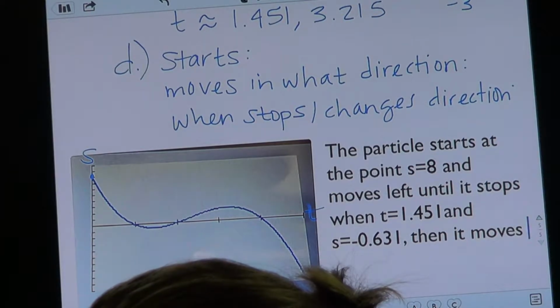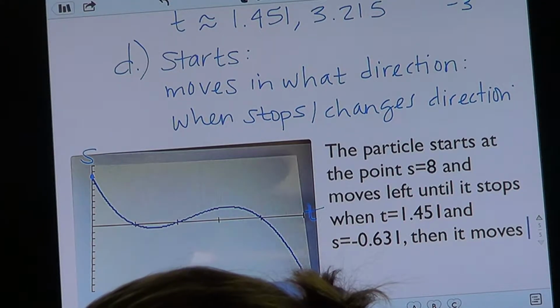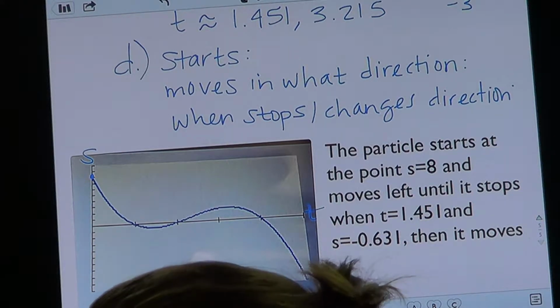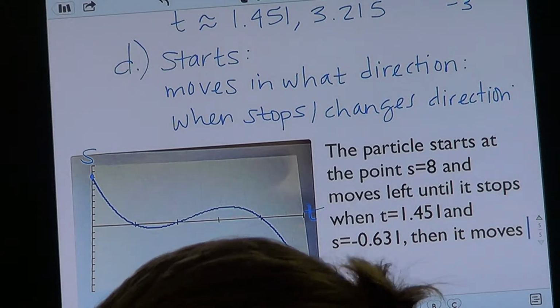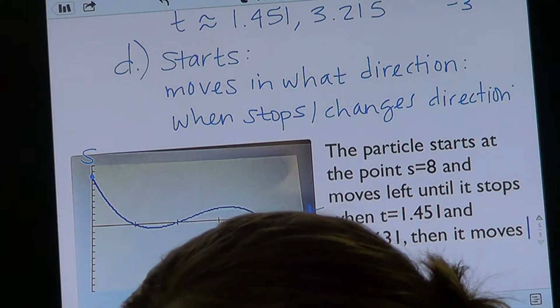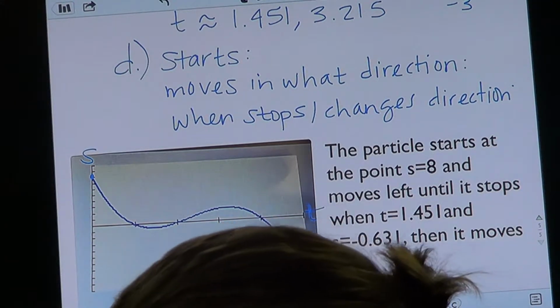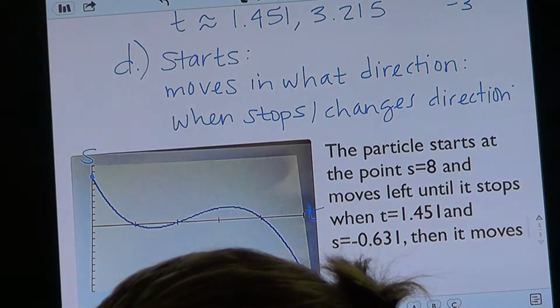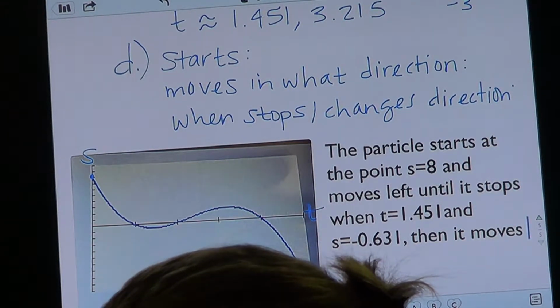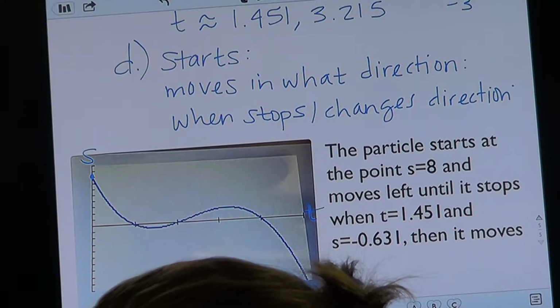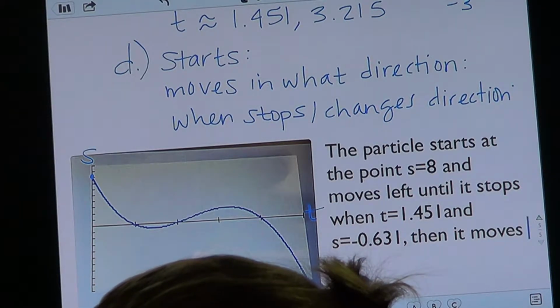Maybe we should just hide the table for now. The clock's loud. It is really loud. I wanted to zoom out.